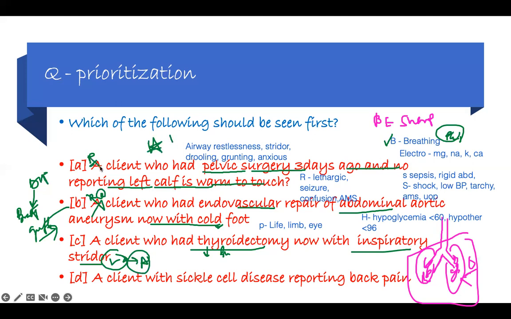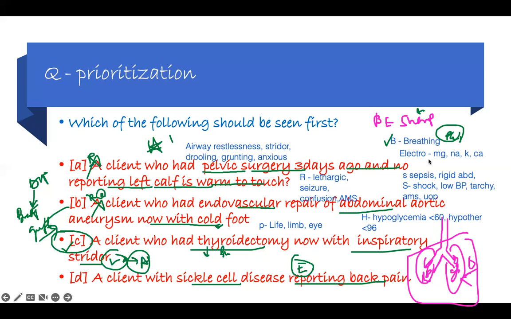So I eliminate A and I take C. A client with sickle cell disease reporting back pain. This is expected pain. So if I choose that, I'm not being sharp. For me to be sharp, I have to pick my number one, which is my airway. So this is the right answer, C. And that's how you can break down.